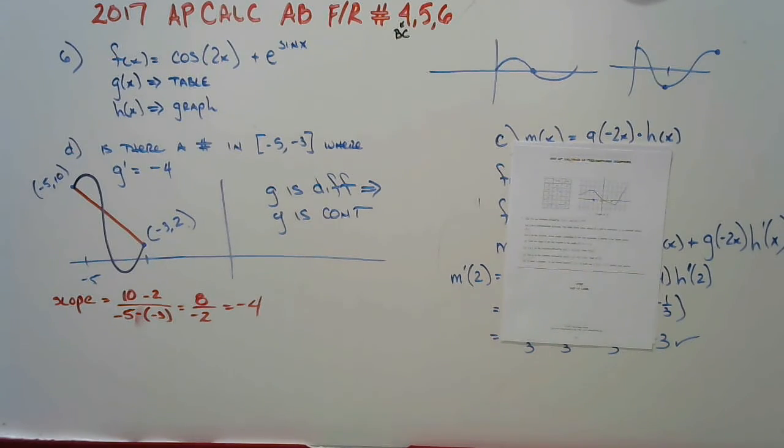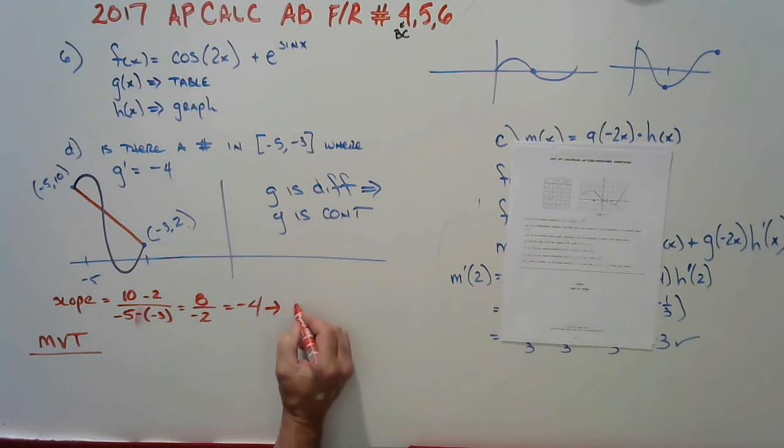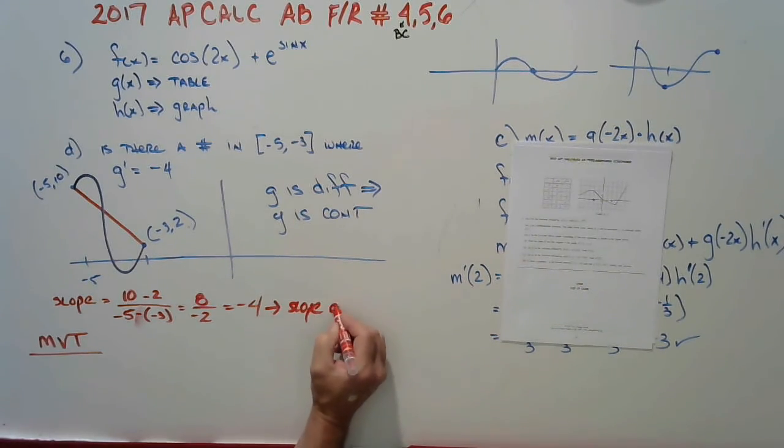So, what does that tell me? How do I know the answer? Well, the question is all about the mean value theorem, right? The mean value theorem says if the function is continuous between these 2 points, then there has to be a place where the slope of the derivative equals the slope of the secant line. There has to be. We just found the slope of the secant line.